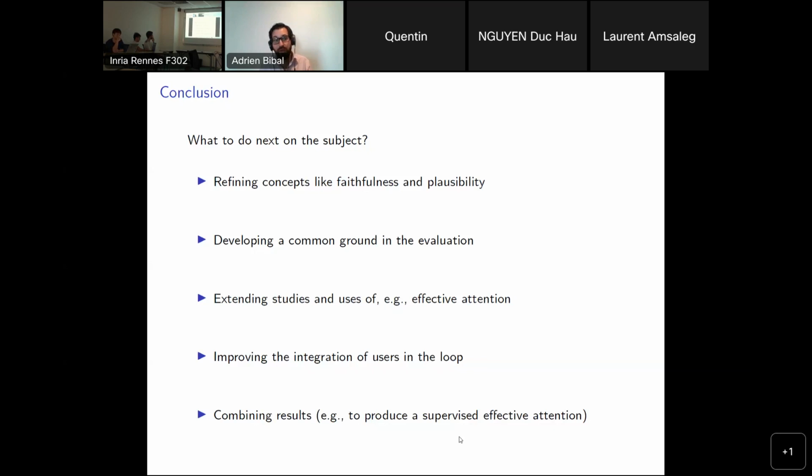But we have some elements that are very generic, like the problem related to faithfulness and plausibility. That's even something that's not related to attention at all. It's related to all possible explanation methods. So you need explanation methods that are both faithful and plausible, and that's not something that is really studied in the literature.